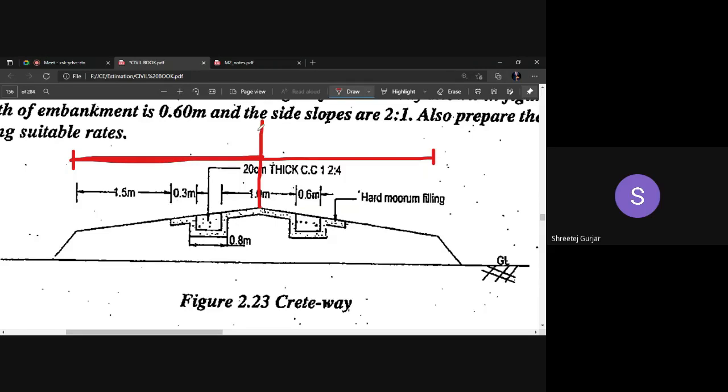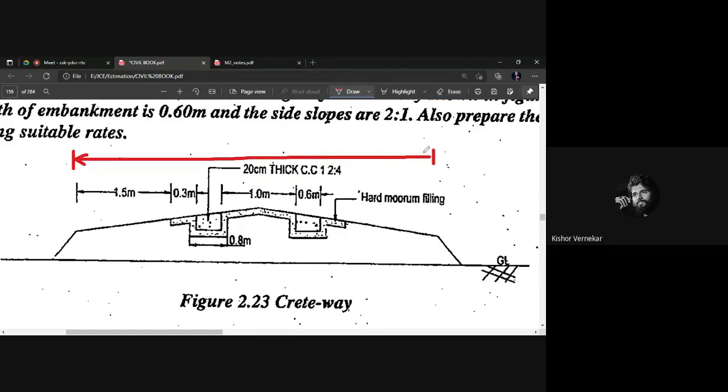You'll get the total length. I need this total width.